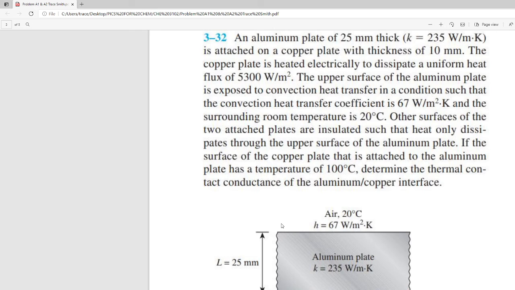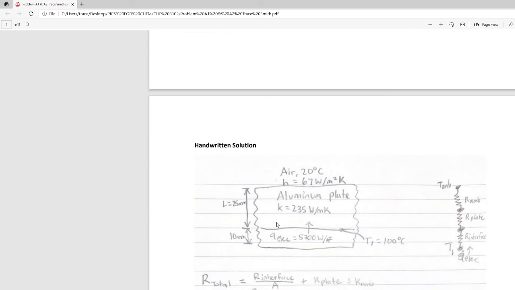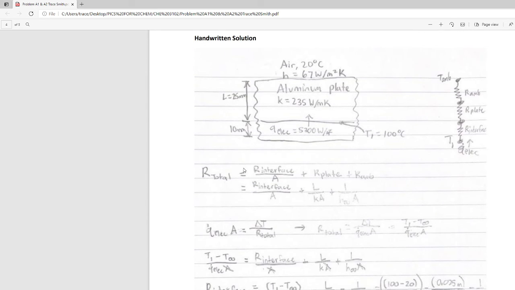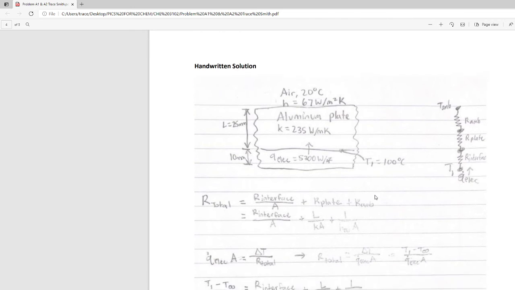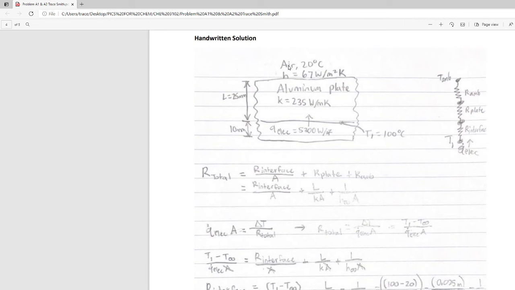What I did to calculate this was you set up this resistance thing, and you get the R total is equal to the R of the interface over A plus the R of the plate plus R of the ambient or the air.